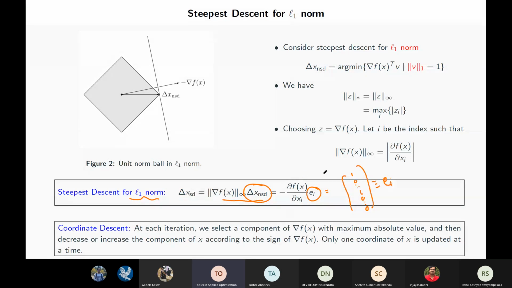And then what is the value? The actual value is given by this. Because I have to minimize, I will go in the negative direction. Take the positive value, but I have to descend, so I take the negative of that.